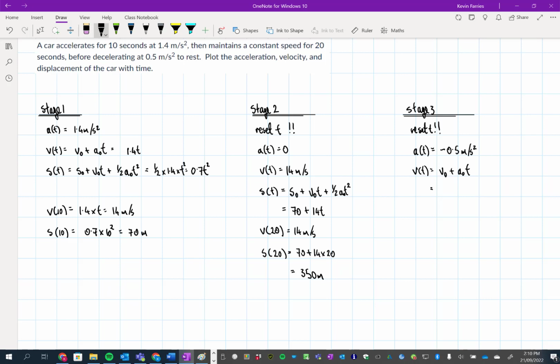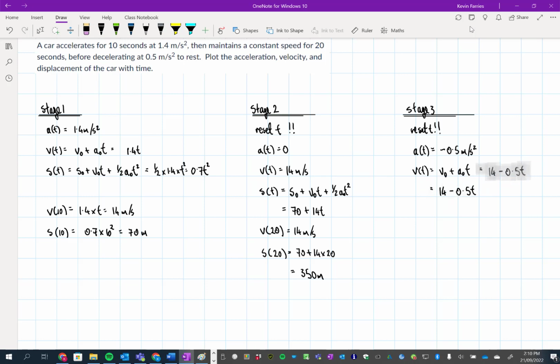And so the velocity at the start of the stage we figured out down here, it was 14 meters per second. So that's going to be 14 minus, because the acceleration is negative, 0.5 t.